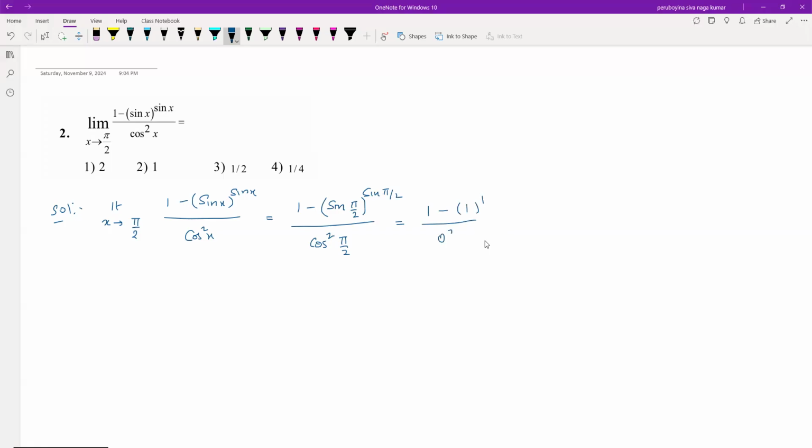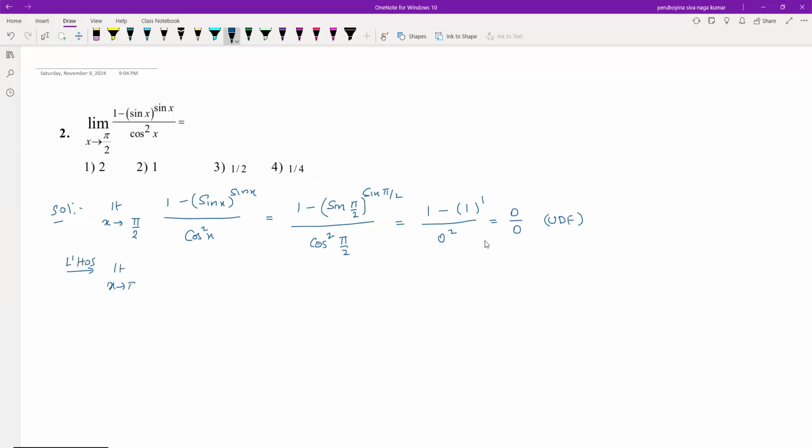Cos square 90 is 0 square. 1 minus 1 in the numerator also indicates 0. So 0 by 0, which is an indeterminate form. So when we have this answer, our next approach to solve this question is L'Hospital's rule.